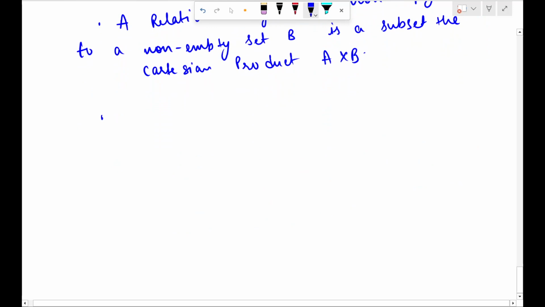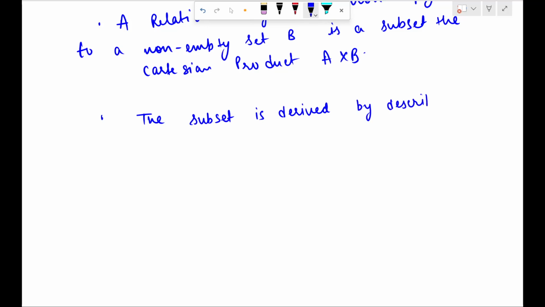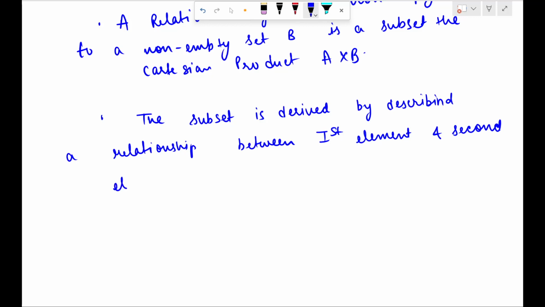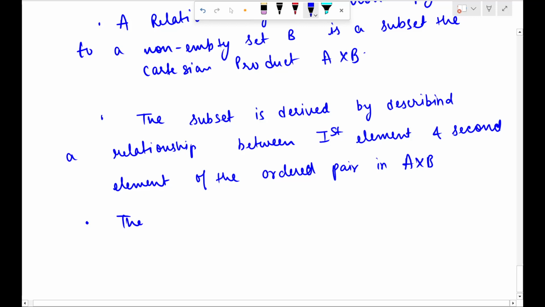Second, the subset is derived by describing a relationship between the first element and the second element of the ordered pair in A cross B. Third, the second element is the image of the first element.